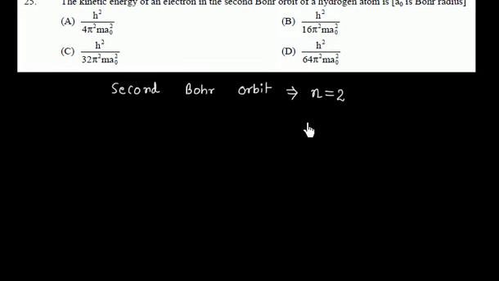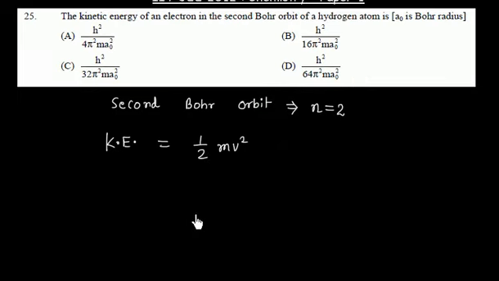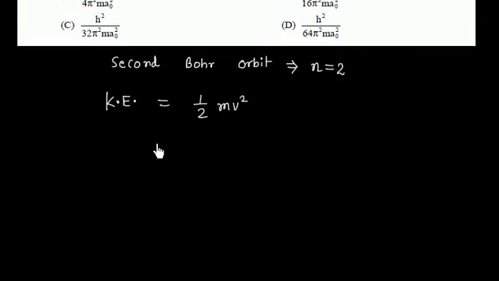Now kinetic energy is given by the formula half mv square, and we can apply mvr is equal to nh by 2 pi, that is, angular momentum is quantized.